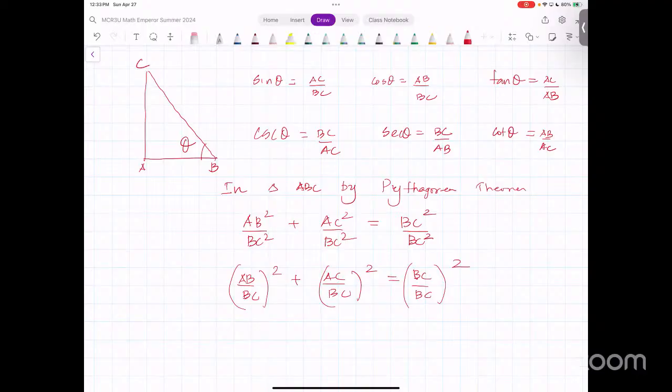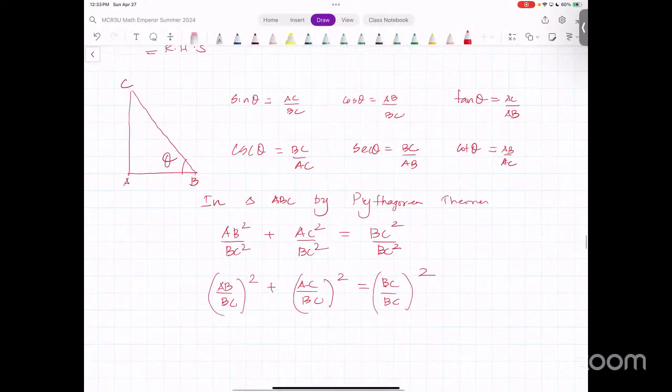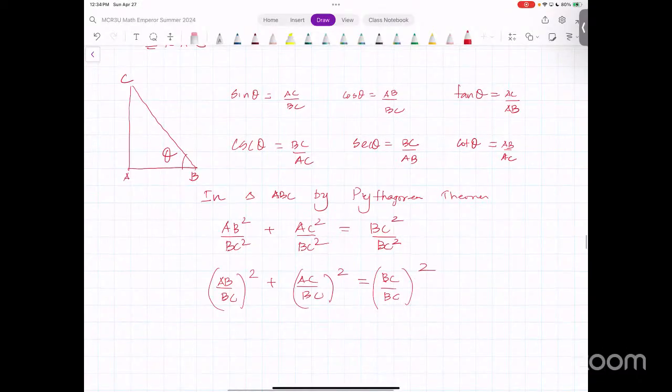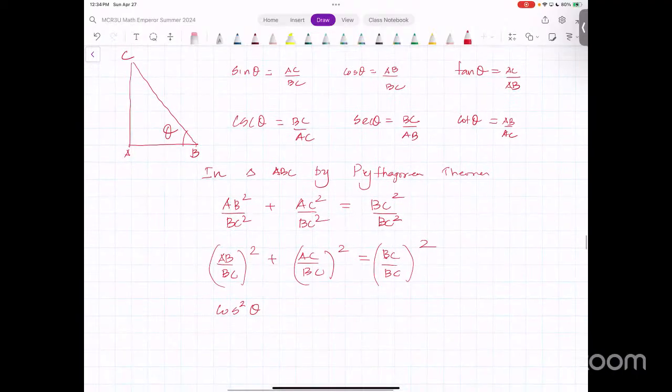All right, but let's look at the ratios. What is AB over BC in terms of the ratio? What ratio is given by AB divided by BC? Cos. So cos squared of theta; we write the square in between the cos and the angle. AC over BC, what ratio is given by that?